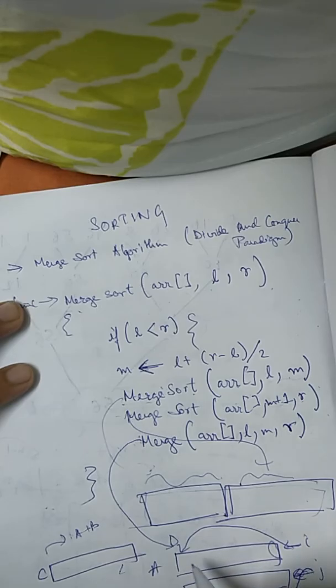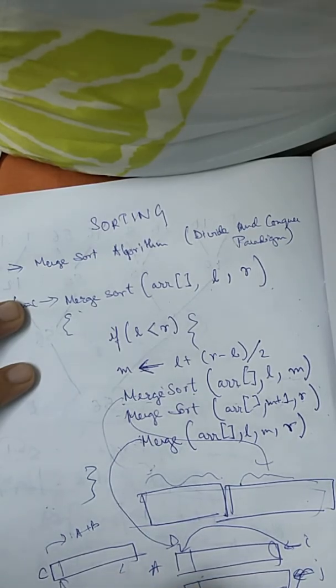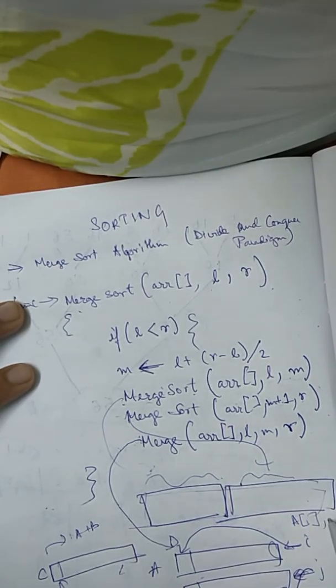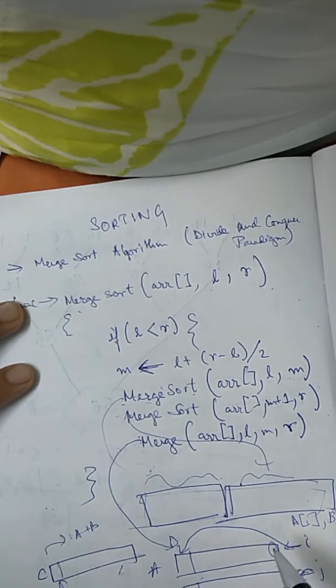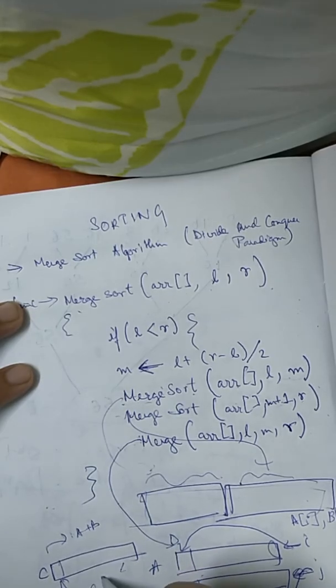We give a pointer I to the first element of A and a pointer J to the first element of B, and another pointer K to the first element of C. Now we'll compare A of I and B of J. Whichever is less, we'll copy it to C of K.